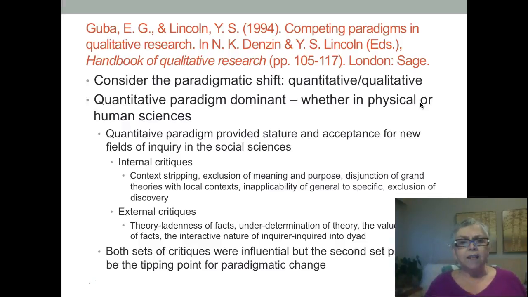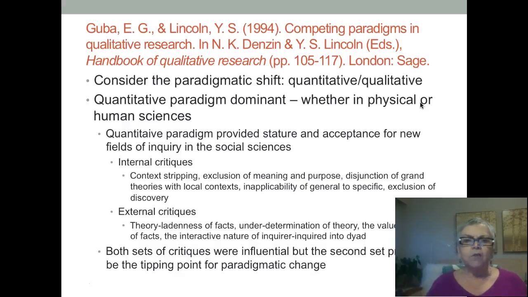So internal critiques started to emerge. Those internal critiques were around the fact that research did not take into consideration context, and context is crucial in education. It excluded meaning and the purpose of education. And when we think, for example, of the Hostetler article, educational research should have meaning, it should make a difference.